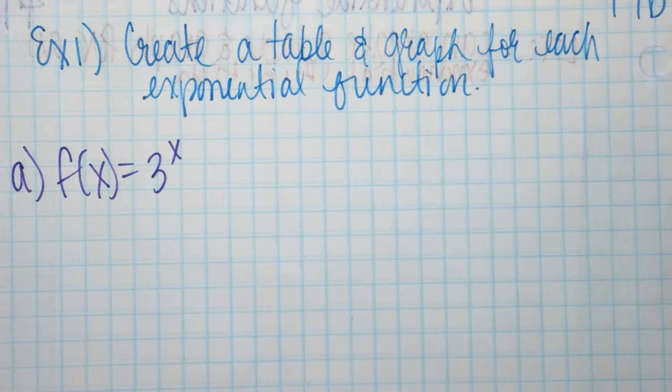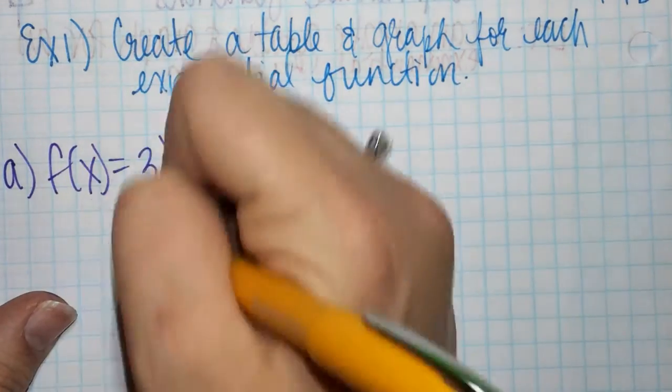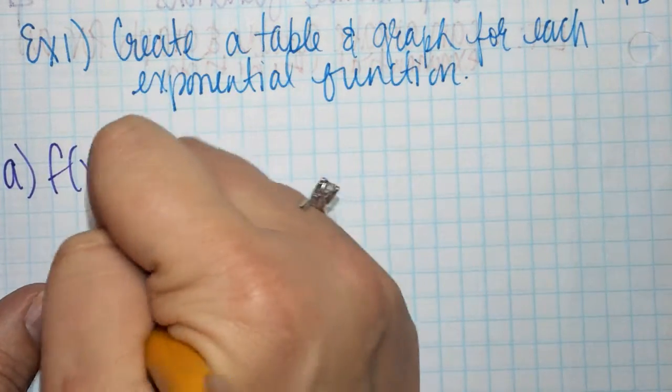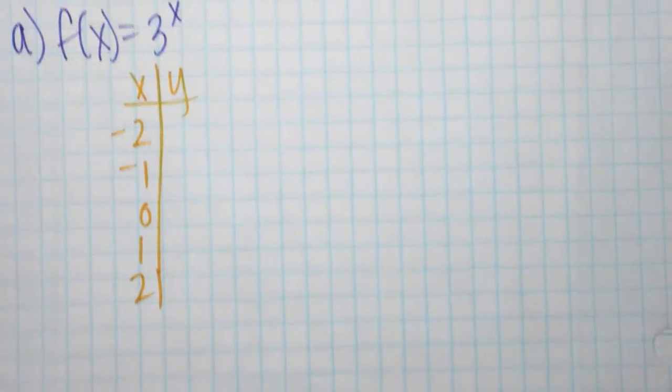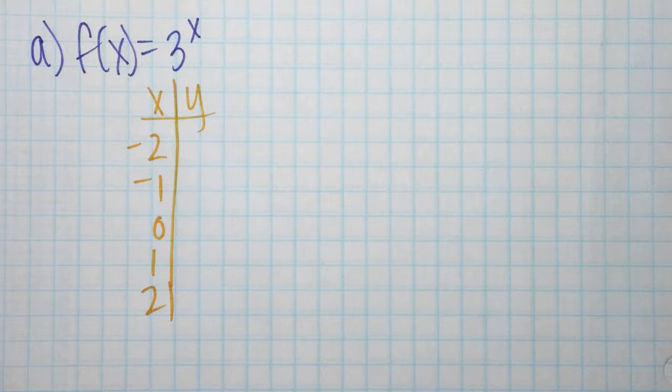We're going to start by creating a table, and we're going to use the same 5 x values every time because it's easy to remember: -2, -1, 0, 1, and 2. We've plugged in x values since like September.